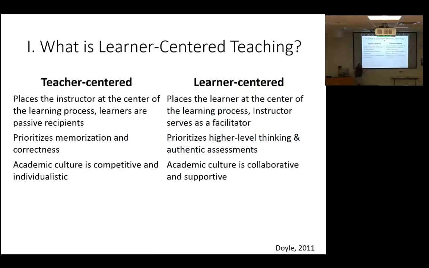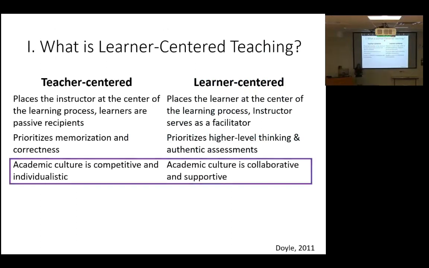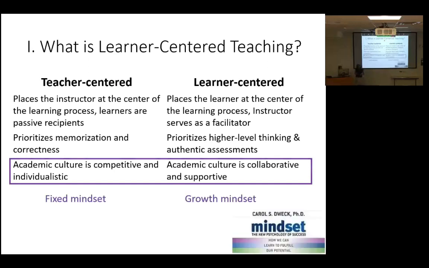And the final difference between the teacher center and the learner center is the type of culture that they signal to students. So in the teacher center, we're signaling to students that academic culture is individualistic and competitive. Versus in the learner center model, we're signaling to students that academic culture is collaborative and supportive. And so this kind of tracks a little bit with this idea of growth mindset that Carol Dweck proposed back in 2006.